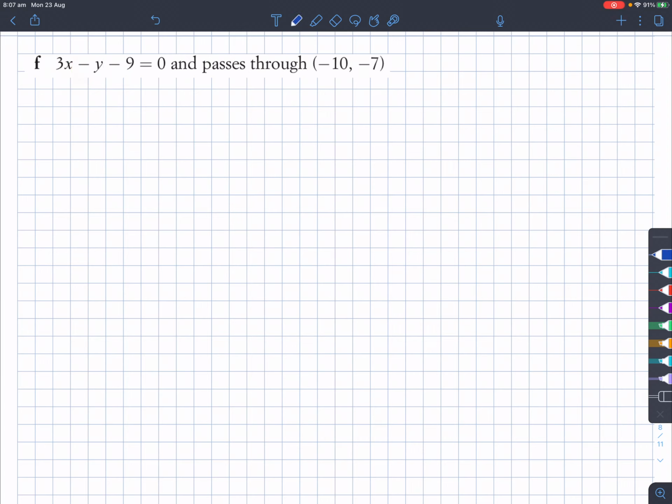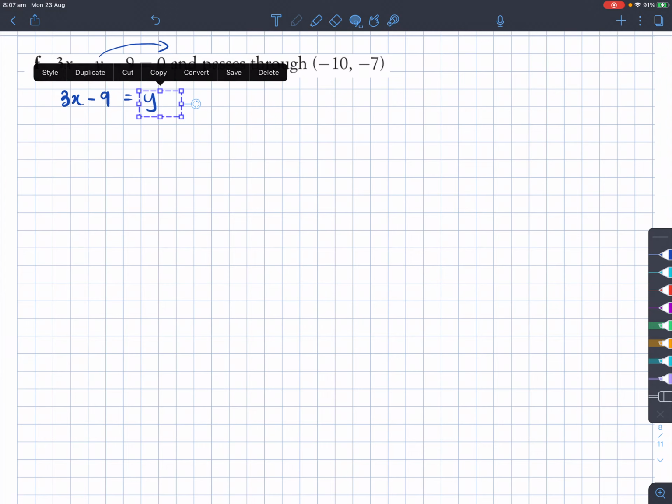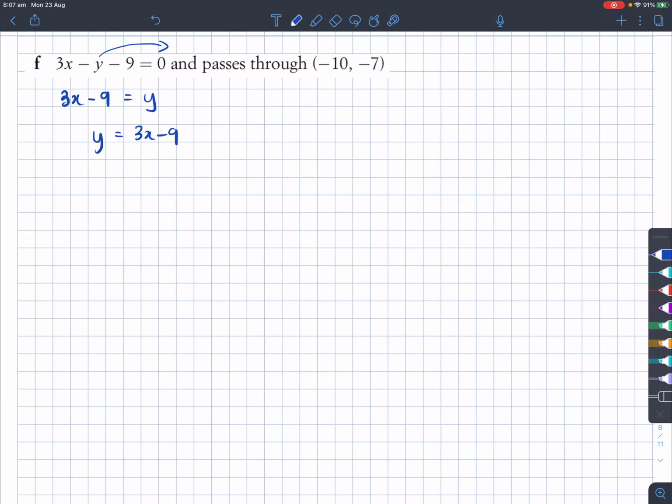So what this means is you have 3x minus 9 on this side of the equation. If you move minus y to the other side, you'll have a positive y. Okay, and I'm just going to remove that positive because we don't need to rewrite that. And now if we just swap these two sides around, because we're allowed to do that, y would equal 3x minus 9. Okay?